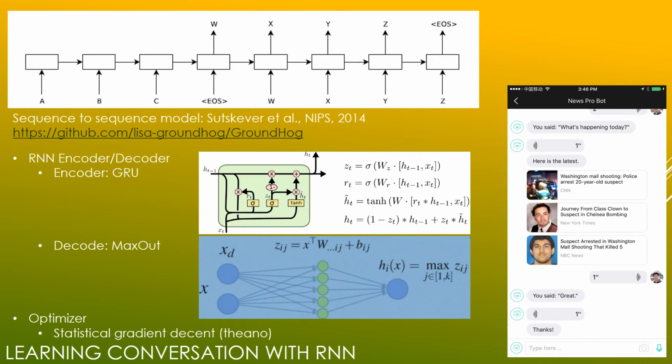In designing the decoder, there was recent work, I think from ICML in 2013, where people empirically discovered that the maxout function works better than other options. So there is lots of interesting and latest work on designing and advancing the neural net to make it more suitable to model sequence generation and, of course, conversation.